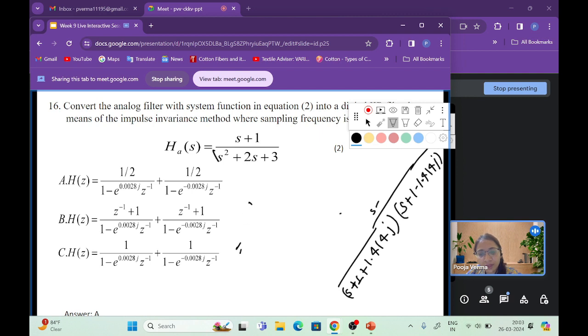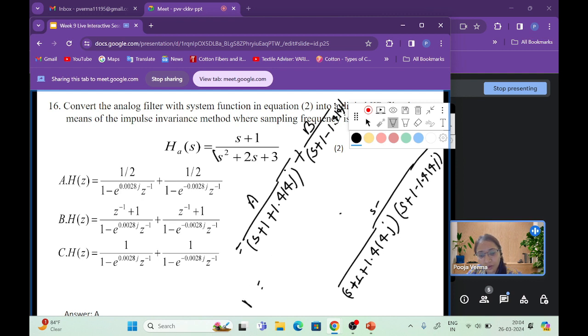It is given as A divided by S plus 1 plus 1.414 j, plus B divided by S plus 1 minus 1.414 j. You know how to find the values of A and B.